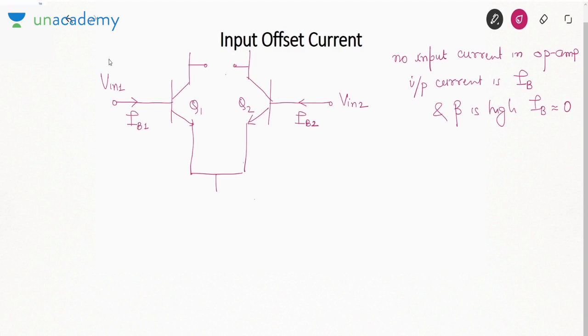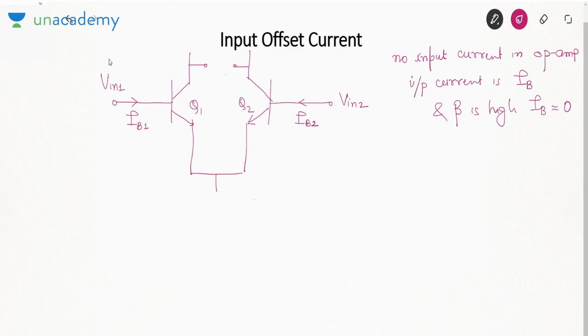So remember how I am saying that there is no input current to the op-amp, because the input current is nothing but the base current of the BJT, which will be 0 if your beta is very high. But practically, even if beta is high, the input current is small but non-zero.